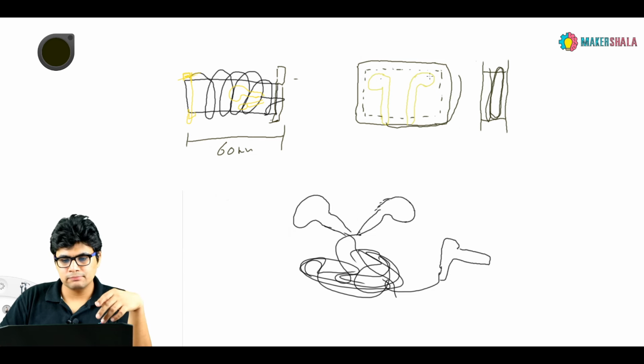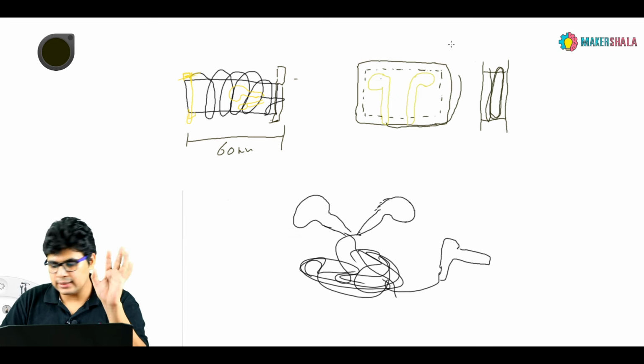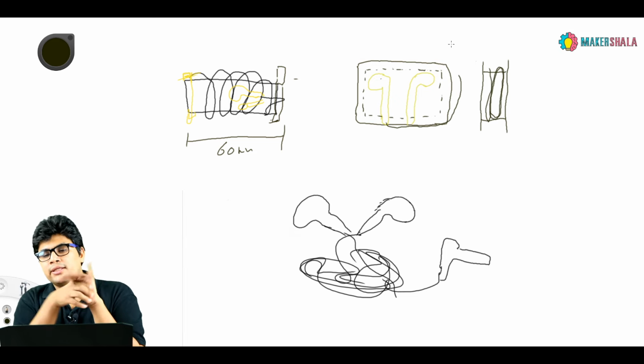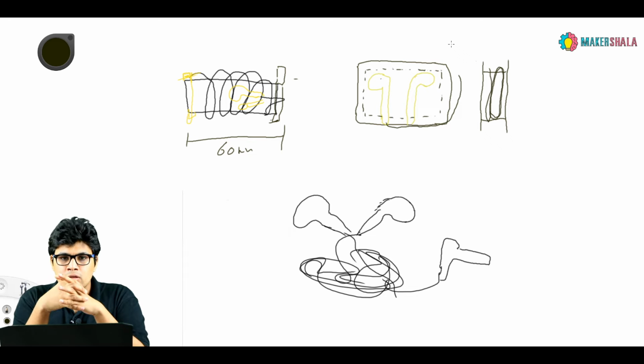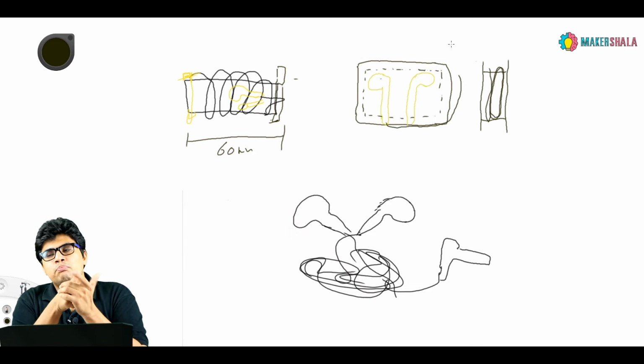Now I'll take the questions for the next 2 or 3 minutes, and then we will start making this product. You need cardboard, pencil, cutter or scissor. Cutter is the one we use to sharpen the pencil. You need pencil, cutter, Fevicol, and some cardboard.